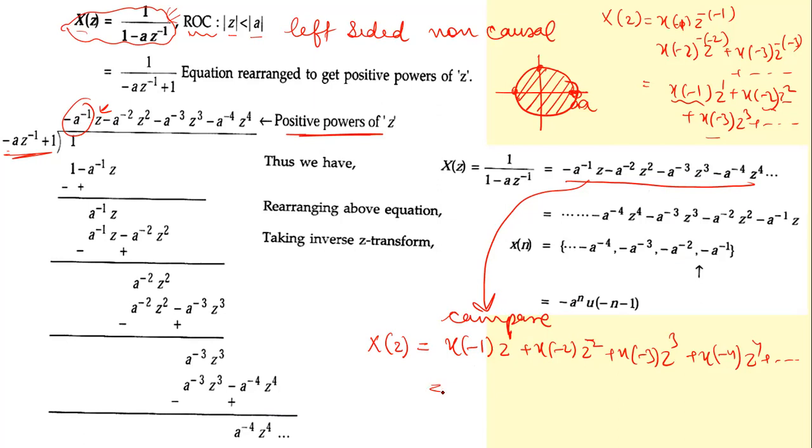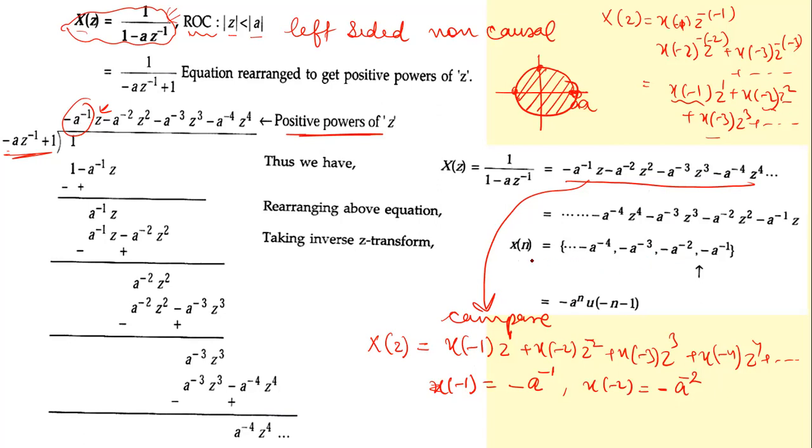You'll get x(-1) is minus a inverse, x(-2) is minus a to the power minus 2, right? So in this way we can compare and we'll get the values, right?